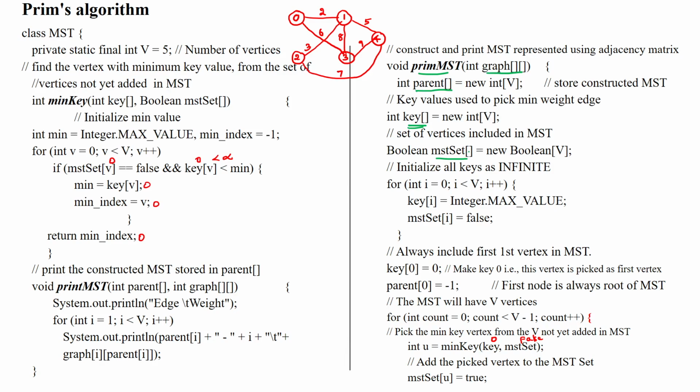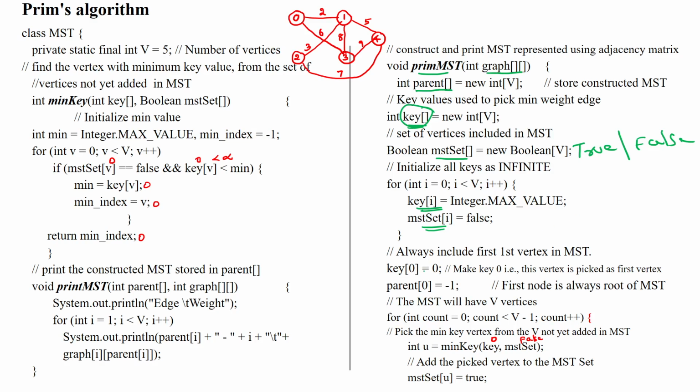MST set is used to store whether a vertex is visited or not, that means connected to the minimum spanning tree or not connected. If it is connected it will be true, if not it will be false, so boolean values. Initially all the key values are set to infinity, and all are set as not connected with the minimum spanning tree.